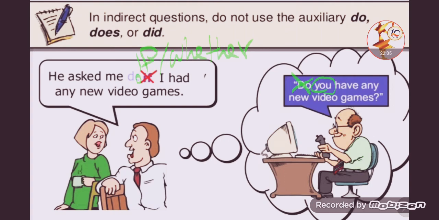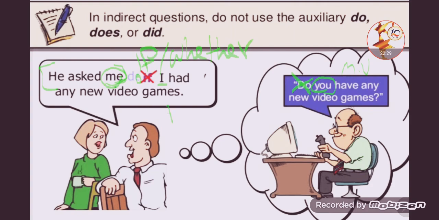Before I change it into I or he or she, I need to look to the reporting sentence. He asked me. إذا هو سألني أنا بما إنه مي موجودة directly بتتحول اليو ل I، وعندي هون الفعل have إجا ك main verb، فالverb to منه هو had. if I had or whether I had any new video games. okay.